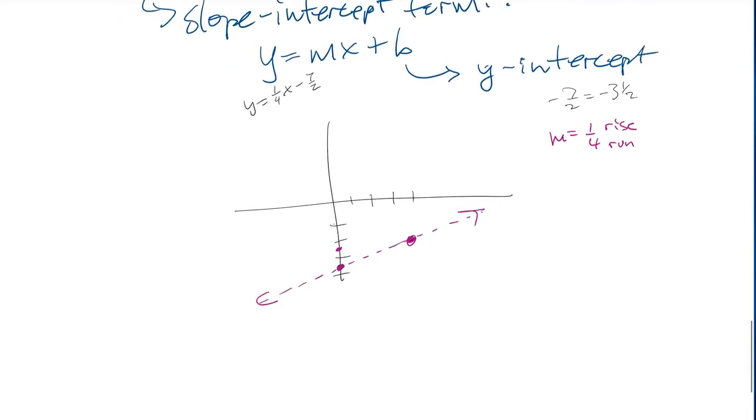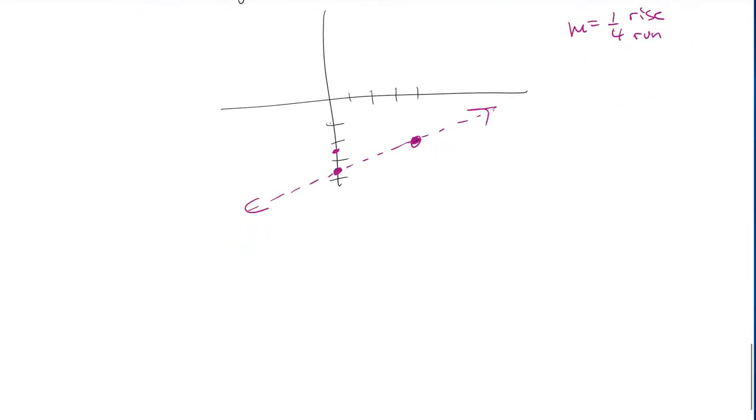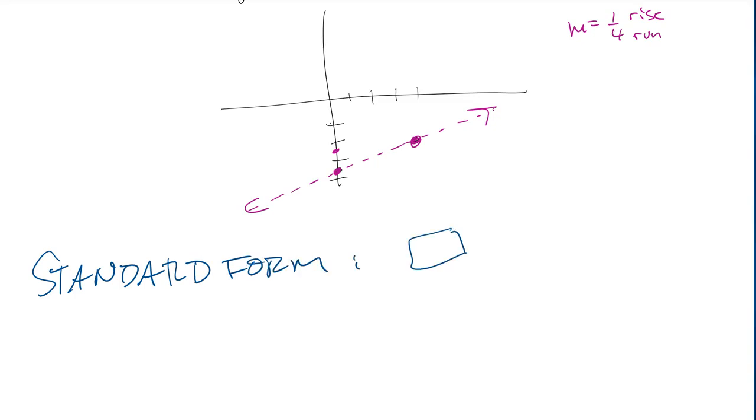Now, there's another form called standard form, which I don't like, but you're often asked to give answers in standard form. This is when you have a number in front of x, plus a number in front of y. Well, let me just draw it out.